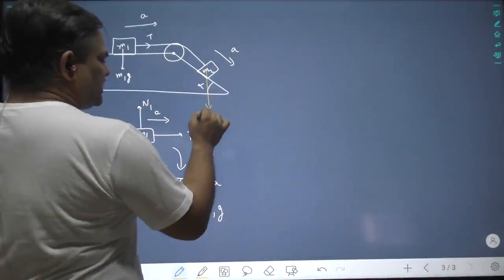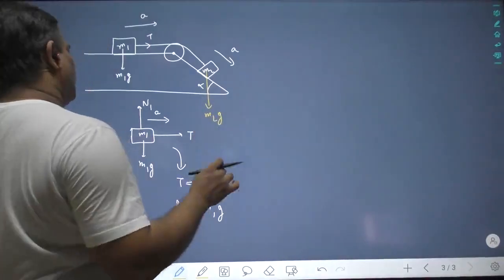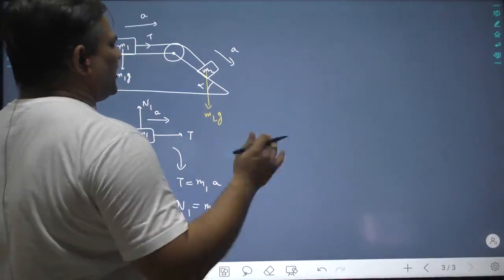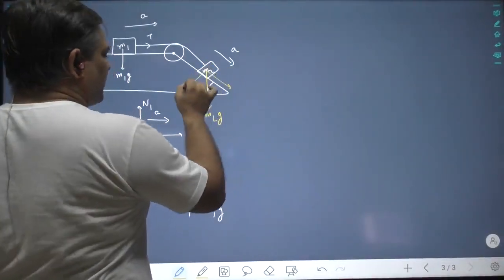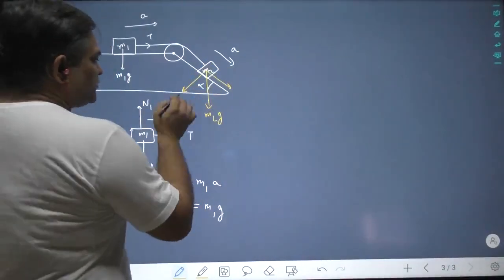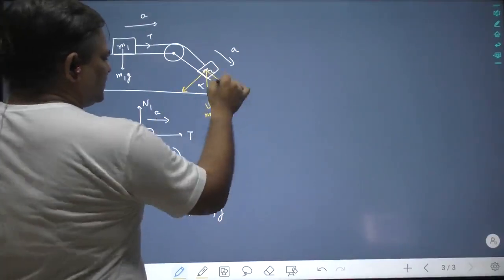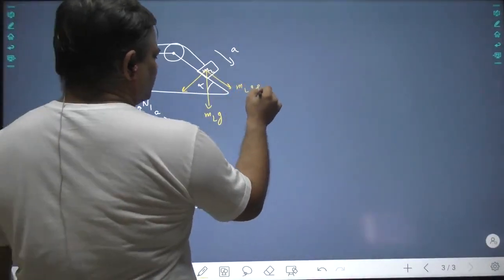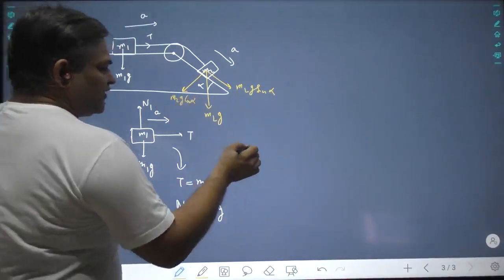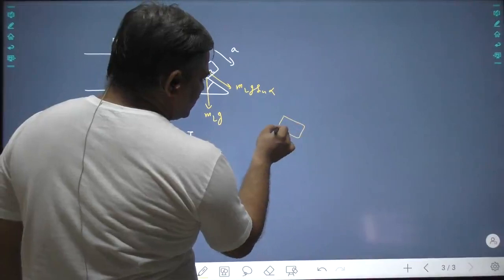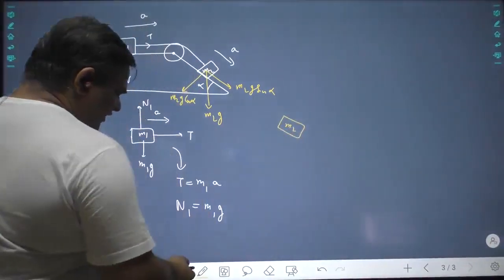Now for this, the whole thing will be like this. The M2G is acting downwards. You have to break down every force only along two components: one along the plane, one perpendicular to the plane. So the M2G comes out to be M2G sin alpha, and this is M2G cos alpha. Now this particular M2, see, it is very simple.